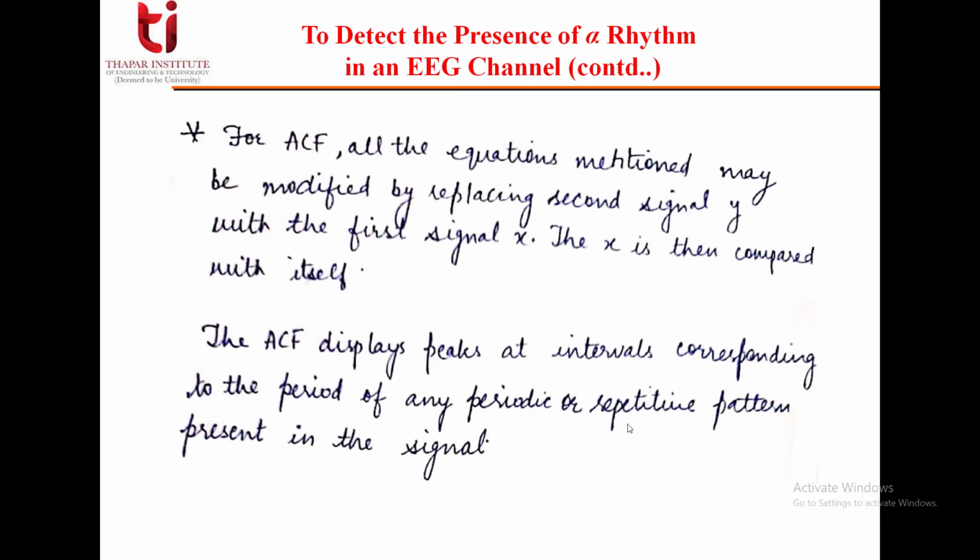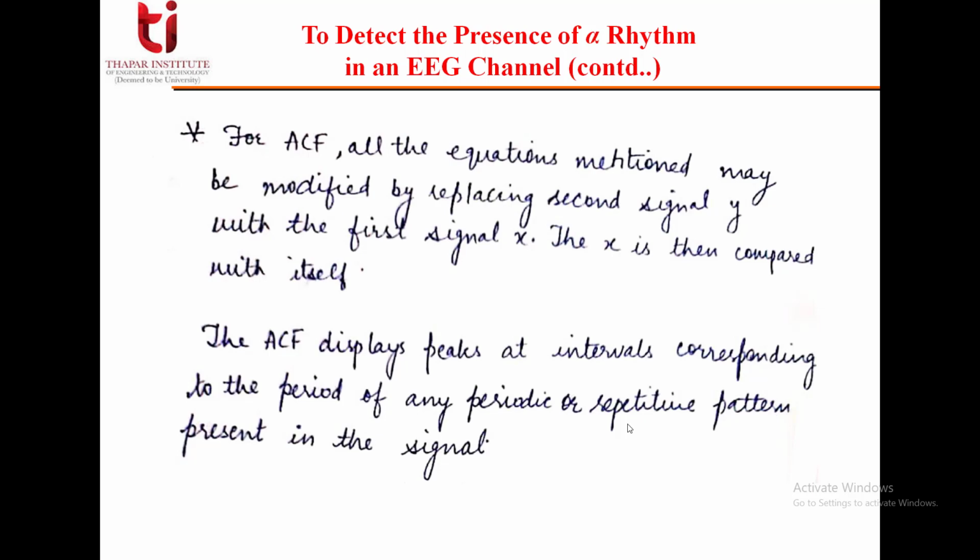We have talked about the cross correlation function, but we have not mentioned the formula of the autocorrelation function. How can I modify all the above equations to calculate the autocorrelation function? I just have to replace the second signal, y, with the first signal x, so that we compare x with itself.